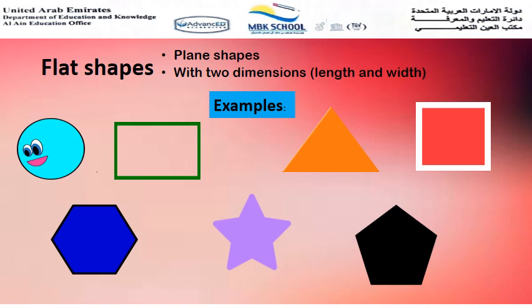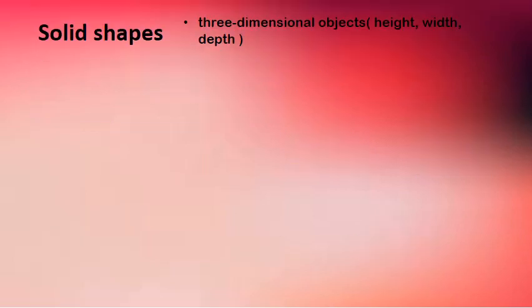Now we're going to proceed to solid shapes. Solid shapes are more complicated than flat shapes. Flat shapes are just simple common shapes, while solid shapes are three-dimensional objects which include height, width, and depth. So what are the examples?